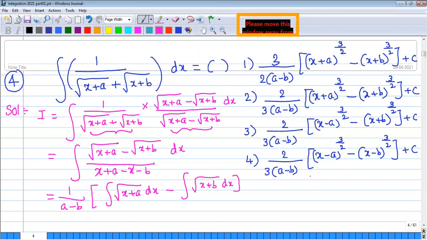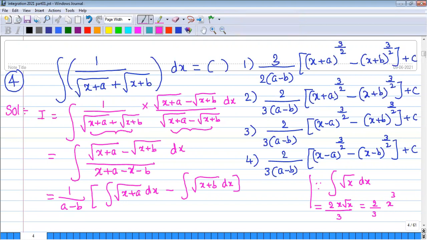So my dear students, remember: integral of root x dx is equal to 2x root x upon 3, or you can write 2 by 3 times x to the power of 3 by 2 plus c. Both ways you can write it.